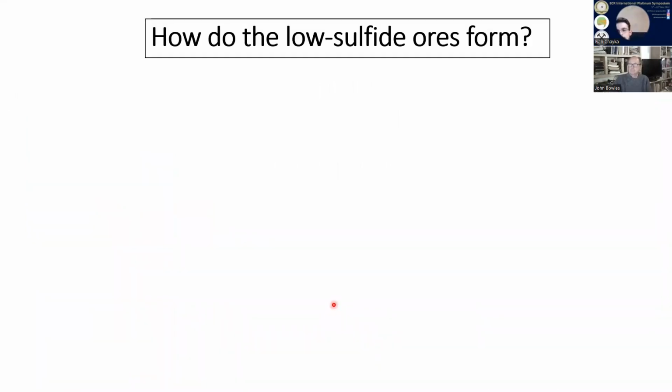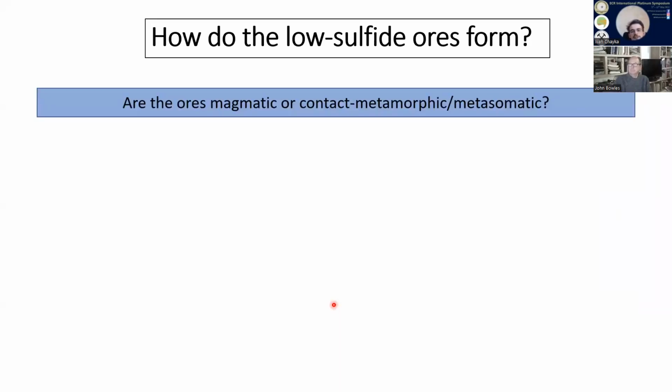Right, so the question of the origin of low sulfide ores such as Bushveld, Stillwater, and Noril'sk low sulfide ores is still far from a complete solution and is one of the most challenging in the platinum topic. In the studied case, the attempt to solve this problem set the following questions. First, since the low sulfide horizon is found in the contact zone, were the ores magmatic at all?